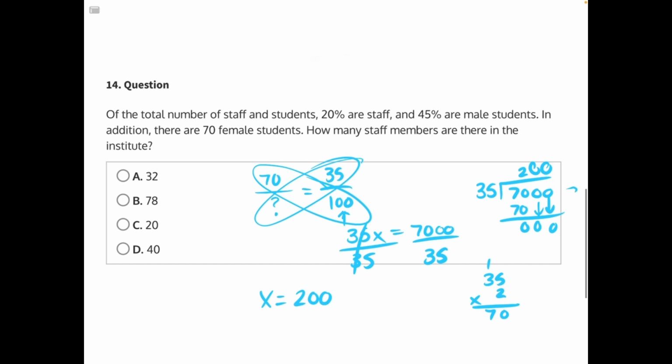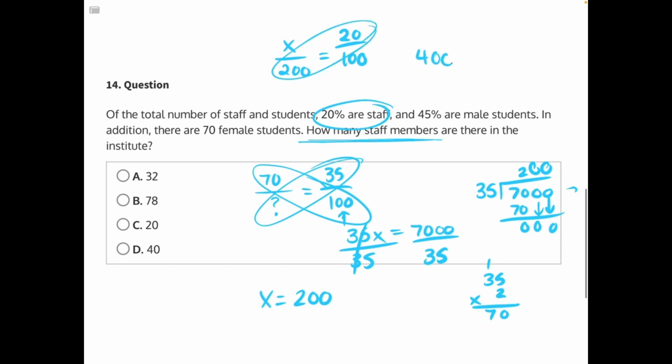Now with this piece of information, we can make a final set of proportional ratios that will help us find how many staff members there are in the school. How many staff members out of 200 total people in the entire school, staff and students, would be equal to 20% out of 100? And then we cross multiply again. 2 times 2 is 4.